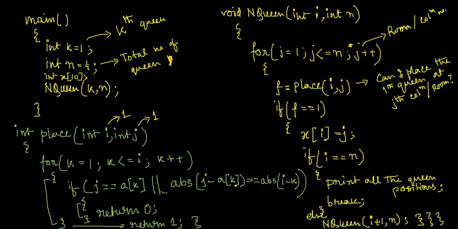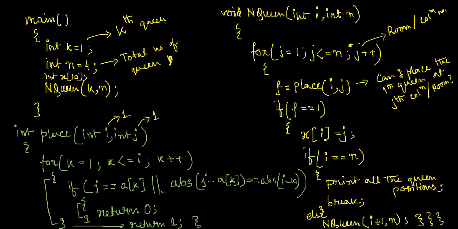And the absolute value of this one, that is 1 minus k, a of 1, when a of k means 0. Yes, a of k means 0 and j means 1.